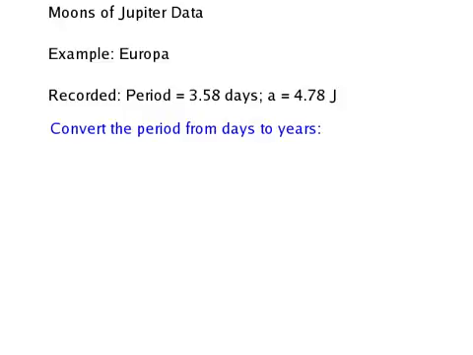So you multiply by a conversion factor where you have the unit you want to wind up with in the numerator, so 1 year, and the unit you want to cancel out in the denominator, which would be the 365 days. It's basically what you said. It winds up being dividing 3.58 days by 365 days per year.